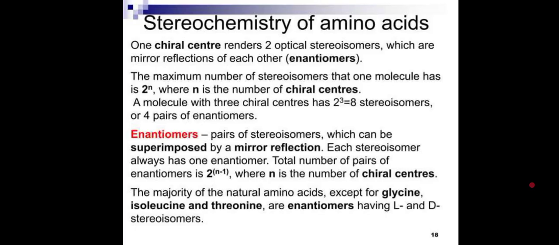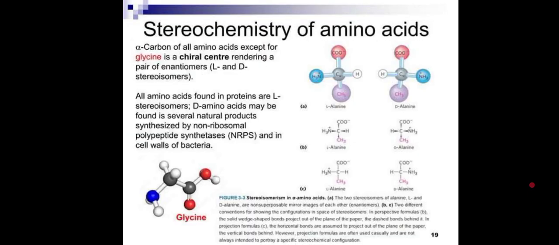If you want to calculate the total chirality of an amino acid, look at the chiral carbons that have four different groups around them, then 2 raised to the power n will give you the exact number of stereoisomers that are possible in the mirror image. So I've talked about glycine. For the case of glycine, we cannot have L or D isomer.